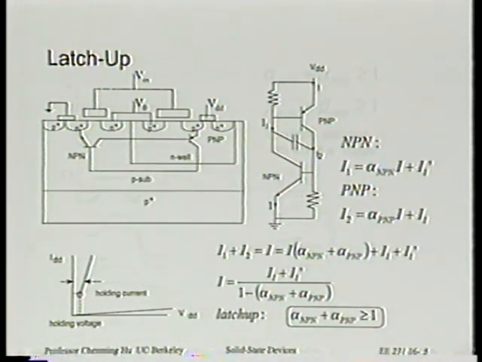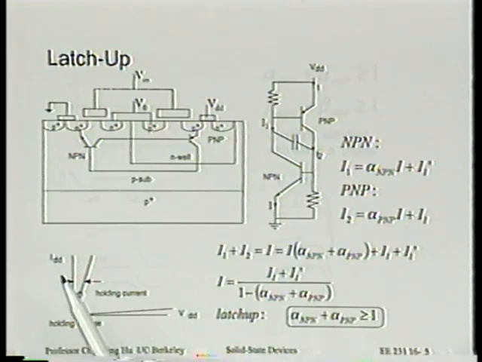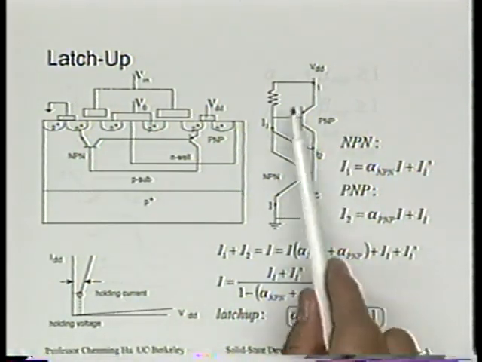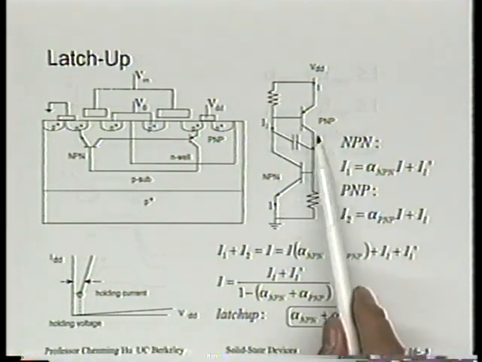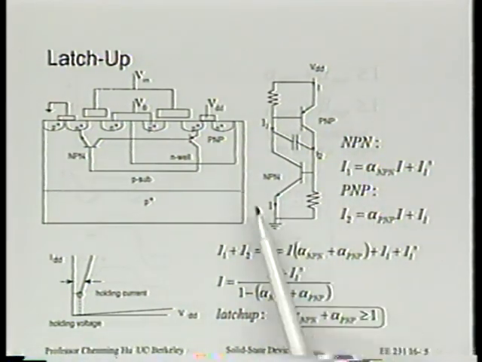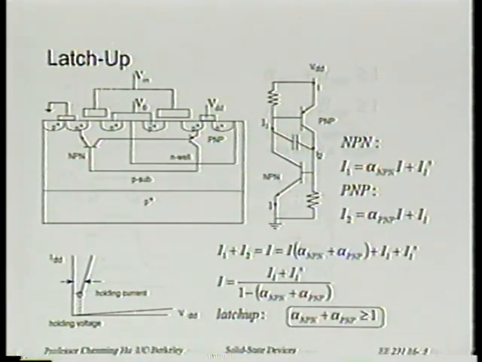All right, how can that be? Well, it can be because it turns out in the CMOS circuit there is a parasitic PNP transistor and a parasitic NPN transistor. This PNP and NPN transistor are connected in such a way that they go into a positive feedback.